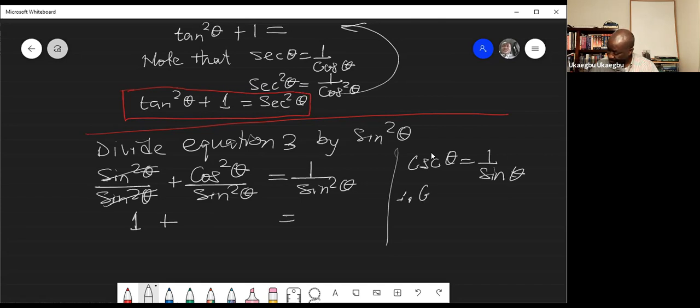Therefore, cosec square theta is going to give us 1 over sine square theta. So we just replace the right side with cosec square theta.